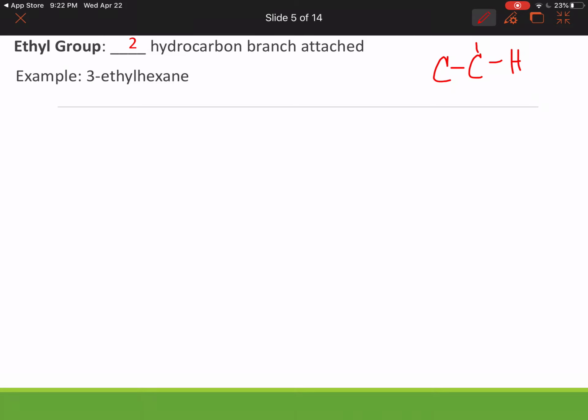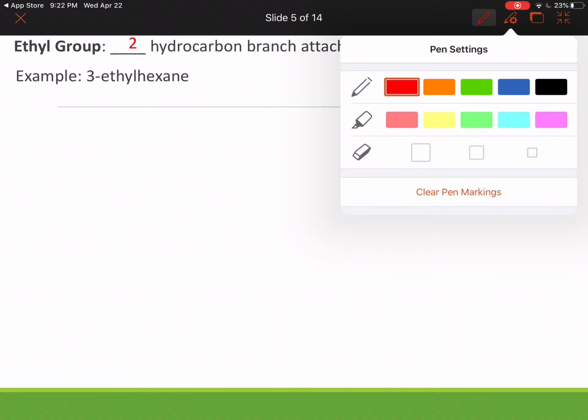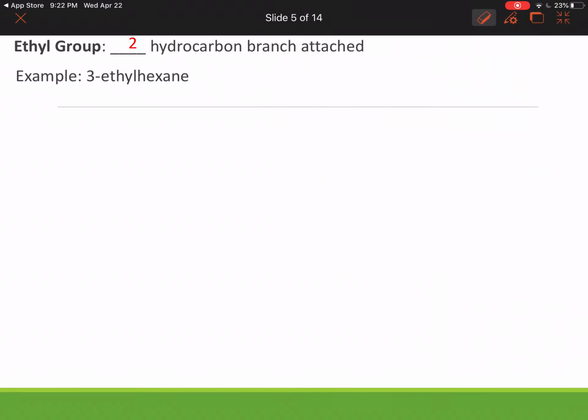Oh, I didn't give myself room. All right. Bear with me. Okay, so we have 2 carbons, and we're going to have hydrogens here, here, here, here, here. And we're not going to have the last one because it's not an ethane.